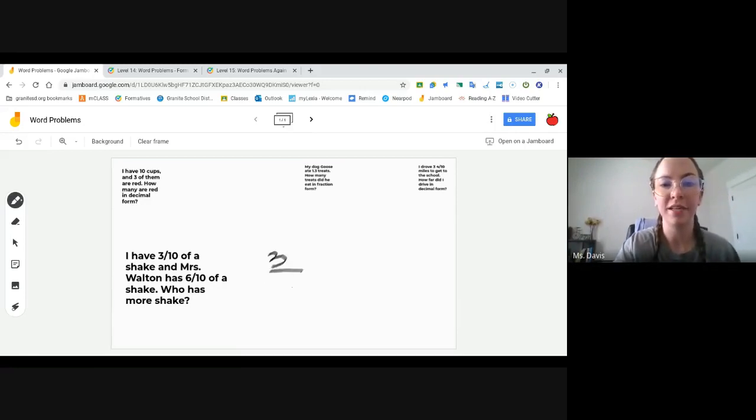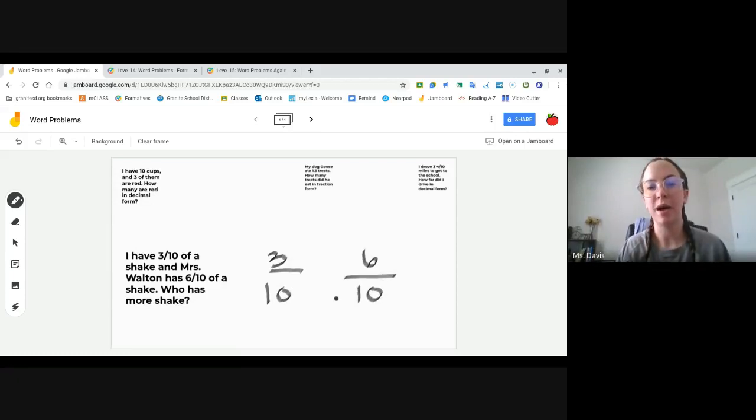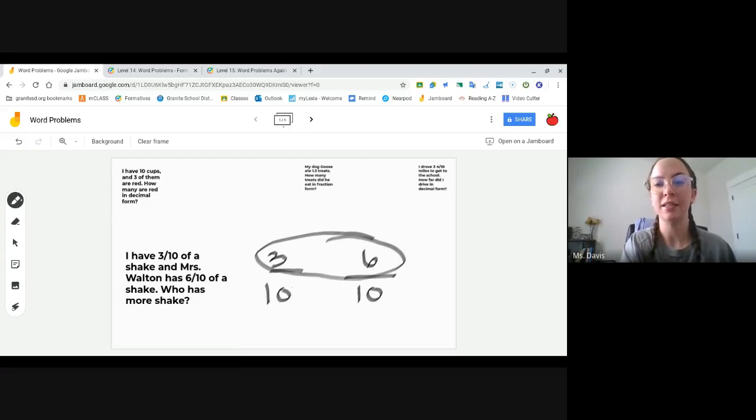I have 3 tenths of the shake, and Mrs. Walton has 6 tenths. When the denominators match, they're both tens, I can just look at the numerators. This was Mrs. Walton, this was Miss Davis. I can see that Mrs. Walton has more shake because she has 6 tenths, and I only had 3. So Mrs. Walton had more shake.